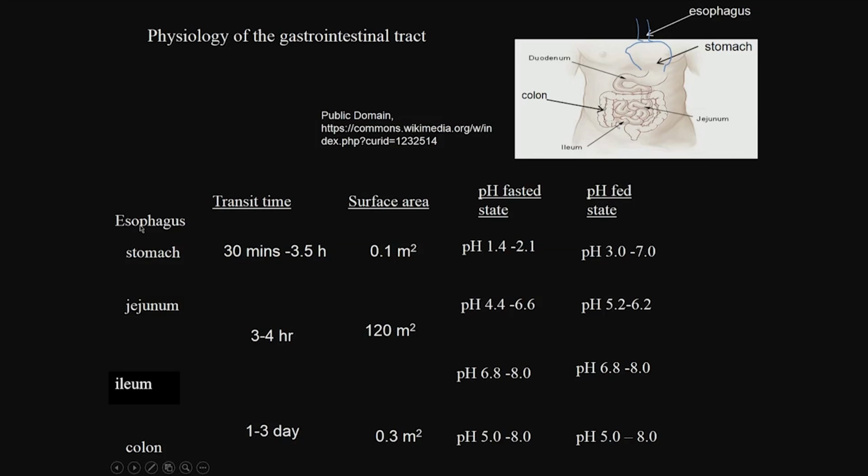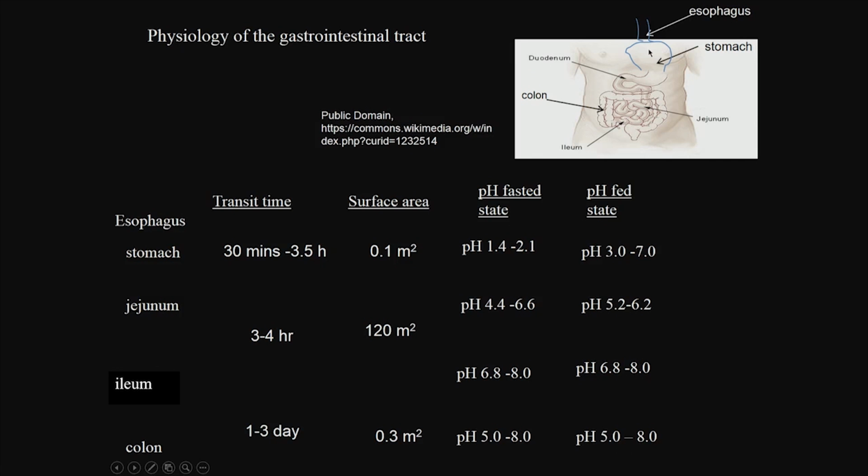Okay. So, if you look at the physiology of the gastrointestinal tract, this was taken from a public domain. We have the stomach, then this is the colon, this is called the duodenum, this is called the jejunum, then this is called the ileum.